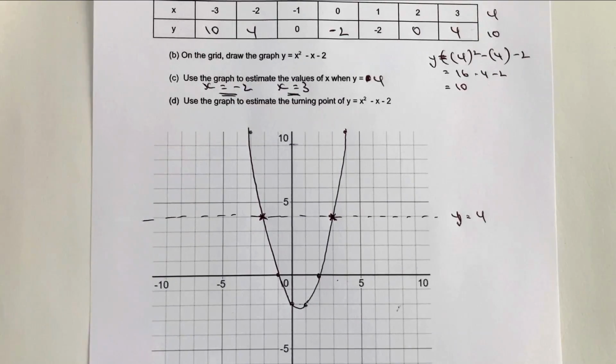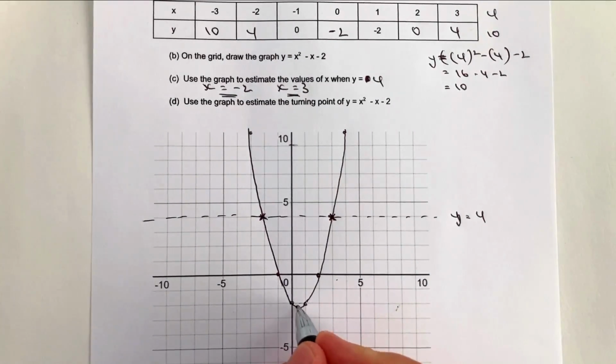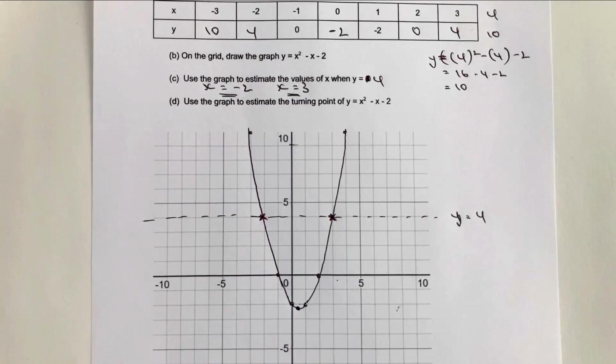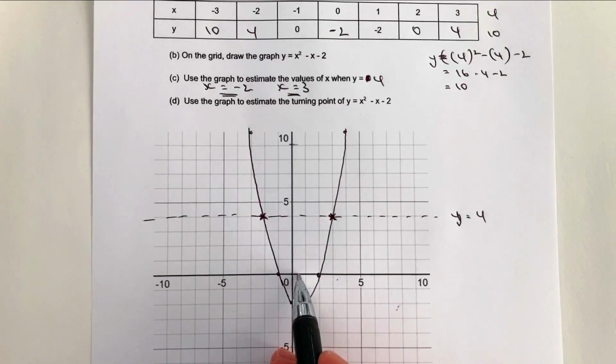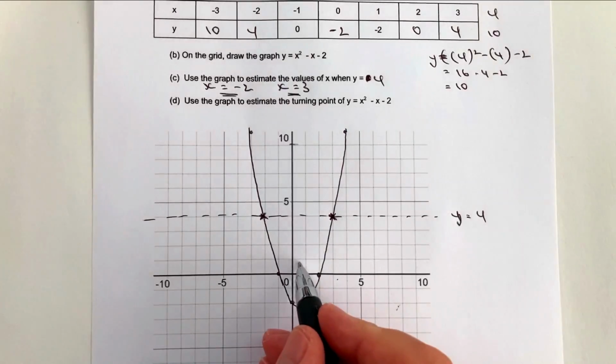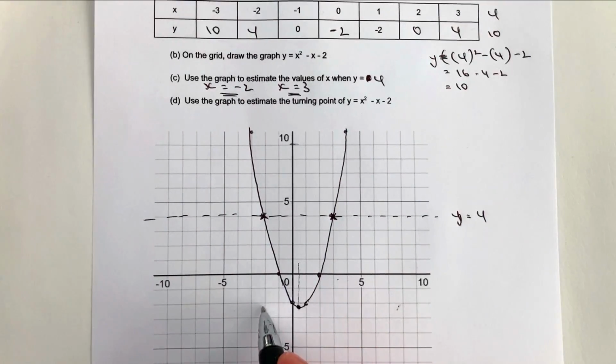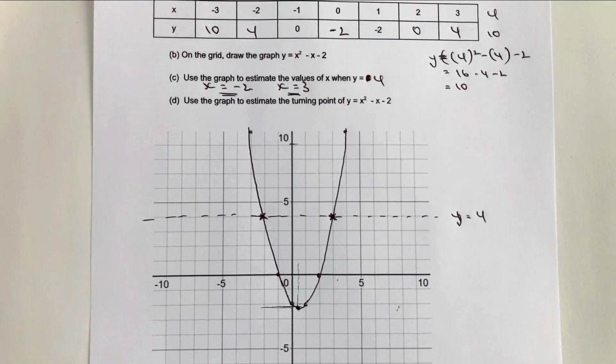Okay, and then the final one, which is the bit with the curve at the bottom, says use the graph to estimate the turning point. So the turning point is actually this point right at the very bottom. We've got x equals 0.5, so x equals a half. And y, it's actually not quite 2.5, so I'm going to put it down as minus 2.25.